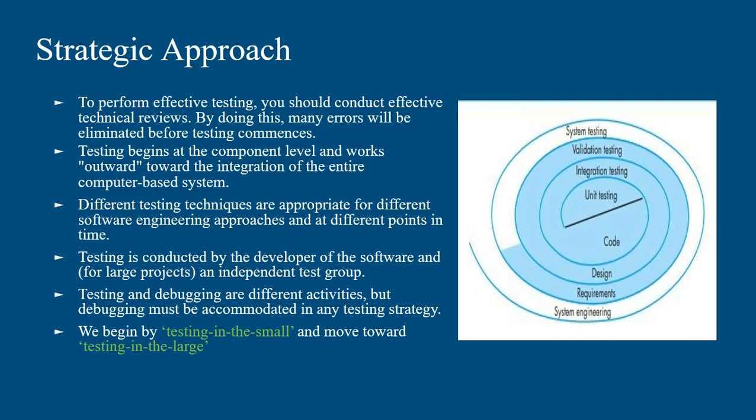For system engineering and system testing, in the overall validation testing, what input is given and what output is expected, if it succeeds in all the criteria, then we call that system testing. That time we make use of system engineering topics.